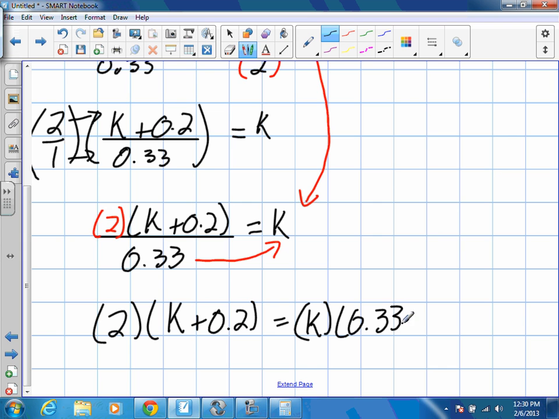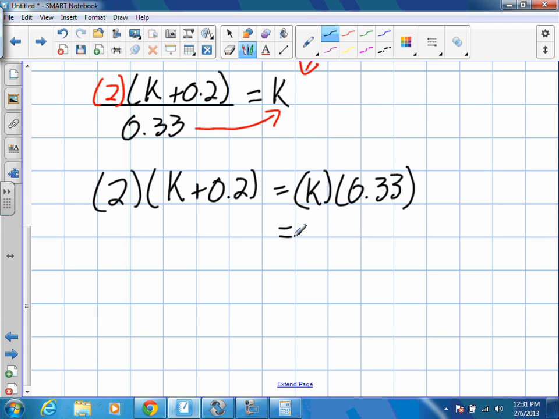Now that we have that, I do have to do something called distributing. Because this is a number times 2 terms inside a bracket, we have to multiply it in. So this will now become 2k plus 0.4, and this could be written as 0.33k. Okay? Now we got to get all of our like terms together.